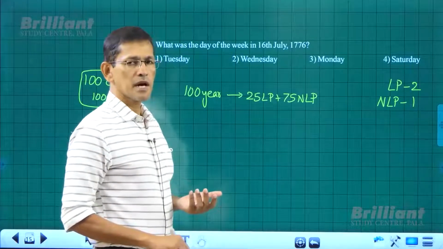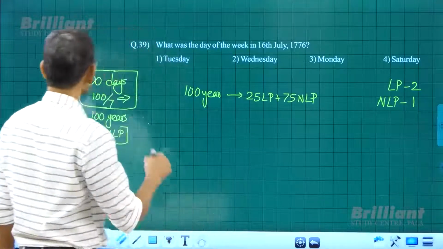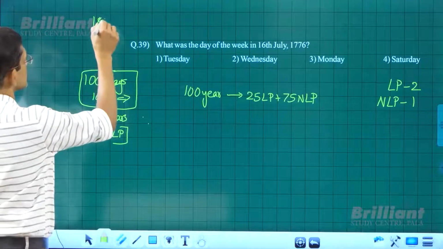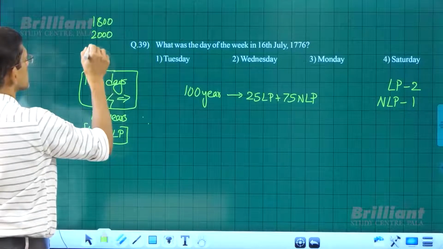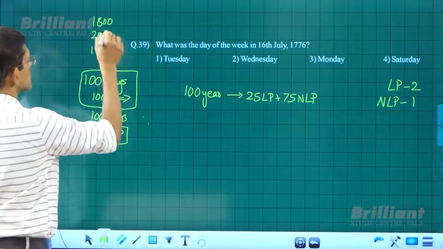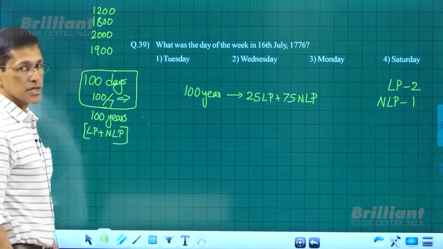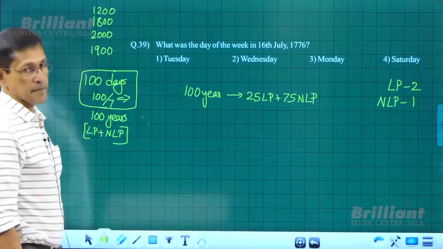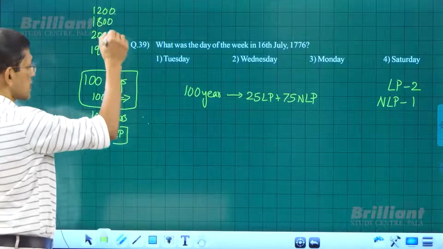Probably you remember we have discussed century years, for example years such as 1800, 2000, 900, 1200, all those kinds of years. These are century years. That means it's a multiple of 100. If it's a century year, in order to be a leap year, it must be divisible by 400.